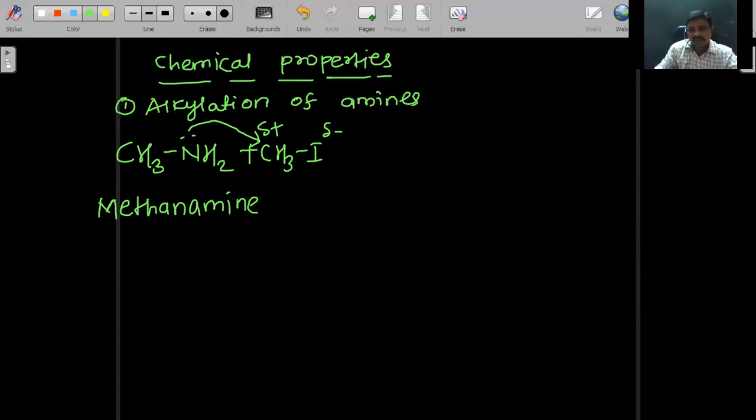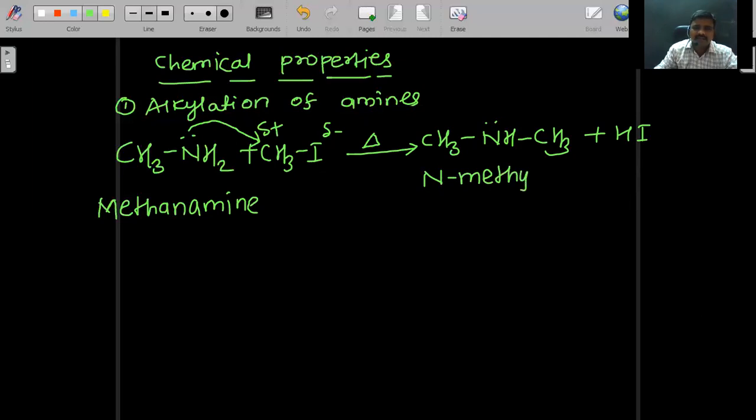So what happens in this reaction? This hydrogen and this iodine give the byproduct HI. The major product is CH3-NH-CH3, with a lone pair on nitrogen. This is nothing but a secondary amine, and the IUPAC name of this compound is N-methyl methanamine.